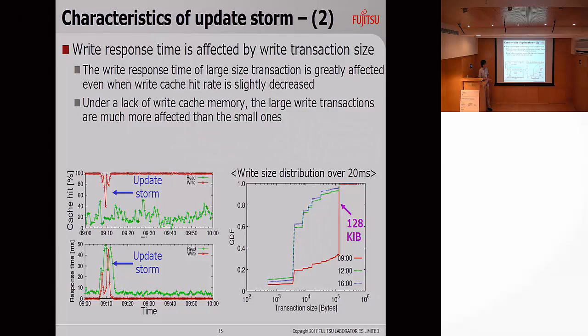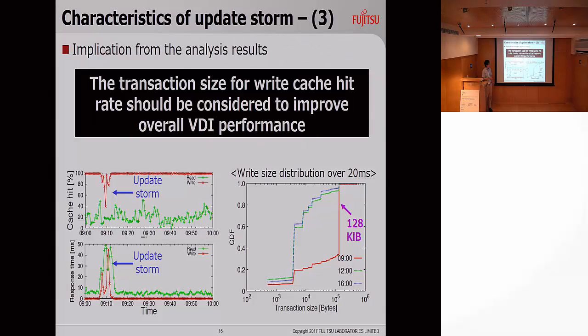And as a result, on the regular write cache memory, the large size transactions are much more affected than the small sizes. From our analysis result, our implication is that the transaction size for write cache hit should be considered to improve the entire VDI performance.